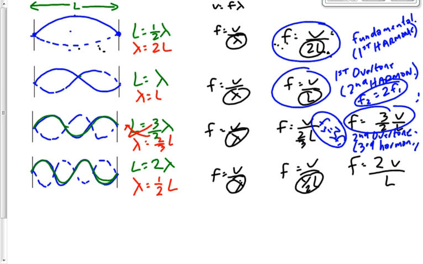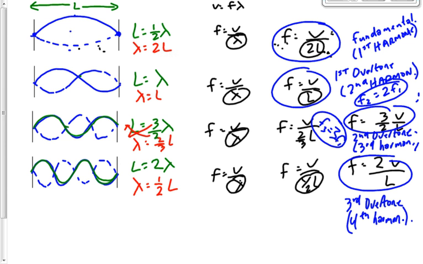And finally, the last one. We're going to call this the third overtone, or the fourth harmonic. What's its value? Well, for the first one we had V over 2L. Now we've got 2V over L. How does that relate to the first one?